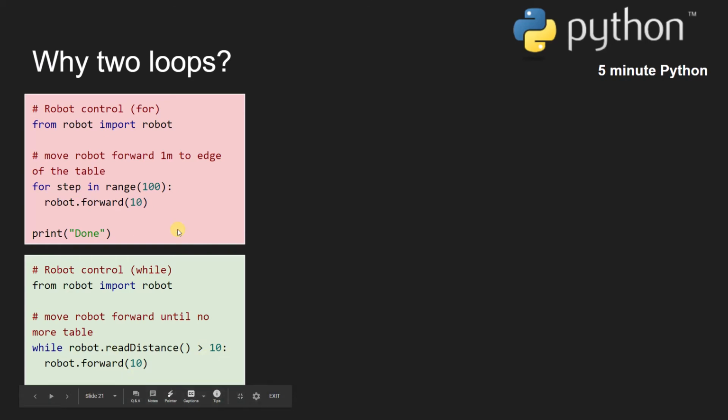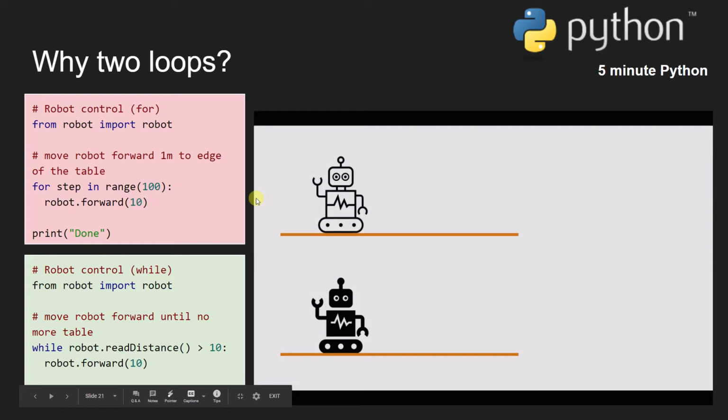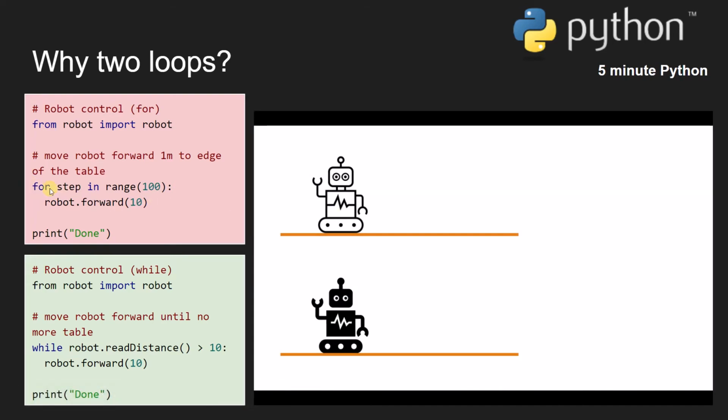Now, the advantage is, if we consider these two robots, the first one's job says, I want you to move forward 100 steps, counted in millimeters, so it moves forward 10 millimeters each time. The second robot uses a while loop, and it says, while the distance to the end read by some sensor is bigger than 10 steps, keep moving forward.